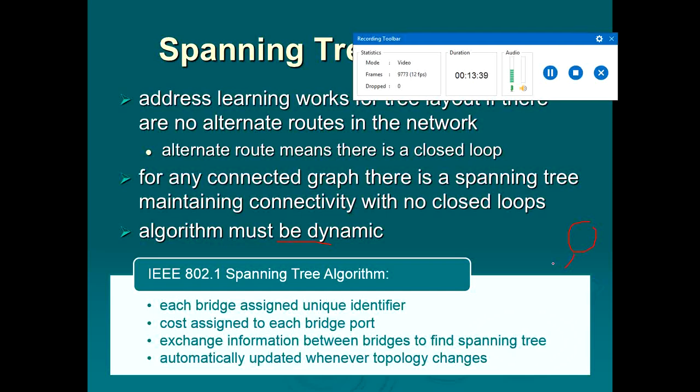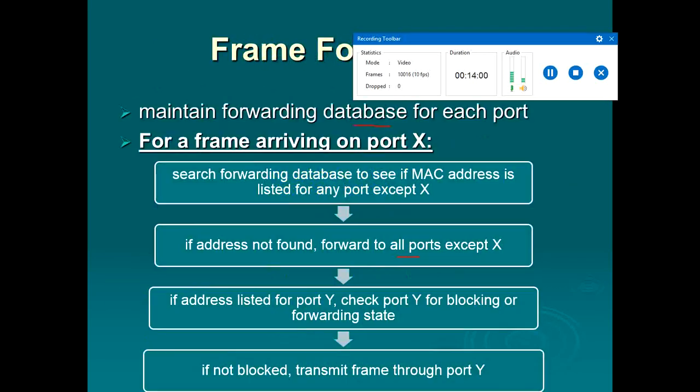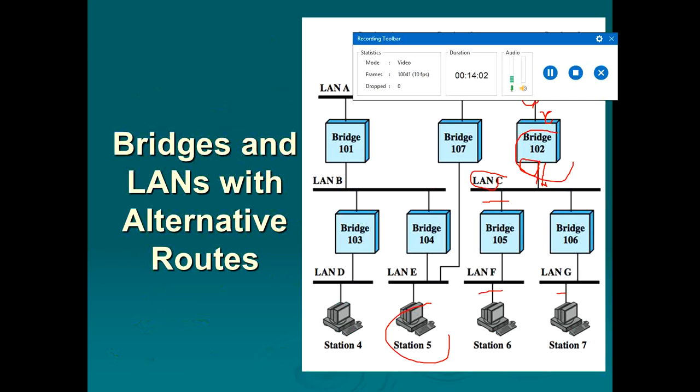So there is a spanning tree of edges that maintains the connectivity of the graph, and there are no closed loops. In terms of internet, each LAN corresponds to a graph node, and each bridge corresponds to a graph edge of the graph. So if I go back to my previous slide, our previous example.